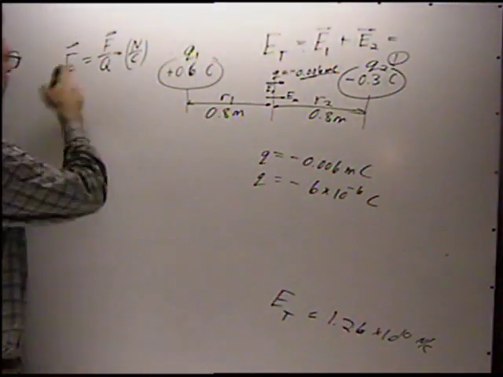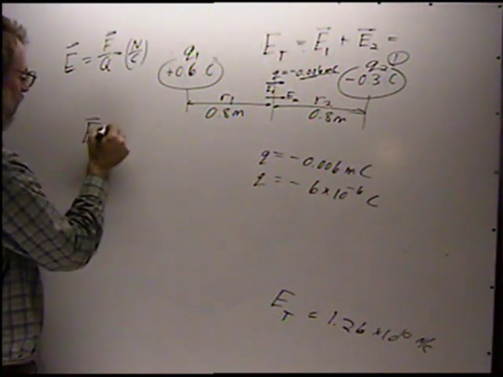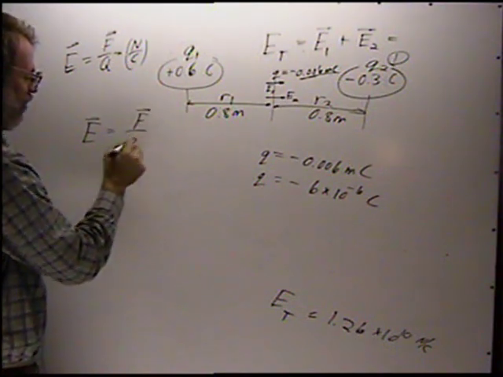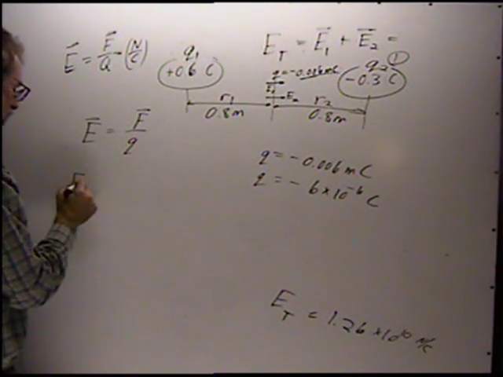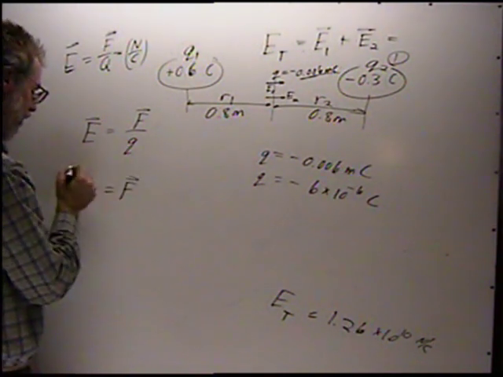Electric field is equal to the force divided by the little test charge. We can flip that around and say that the electric field times the charge is equal to the force.